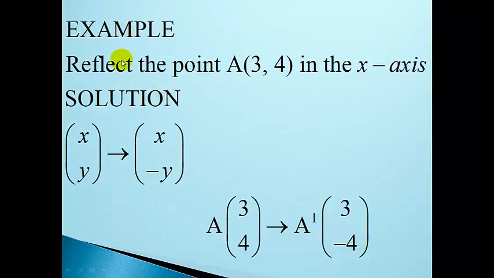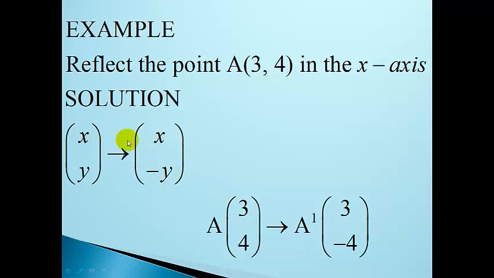Now example, reflect the point A(3, 4) in the x-axis. We know that for reflection in the x-axis, the rule is (x, y) maps to (x, -y).